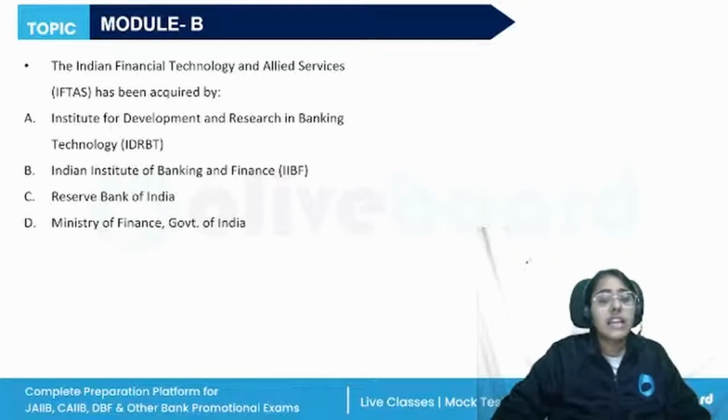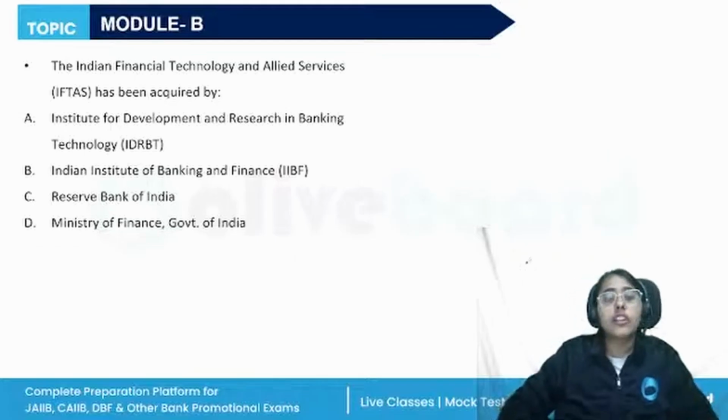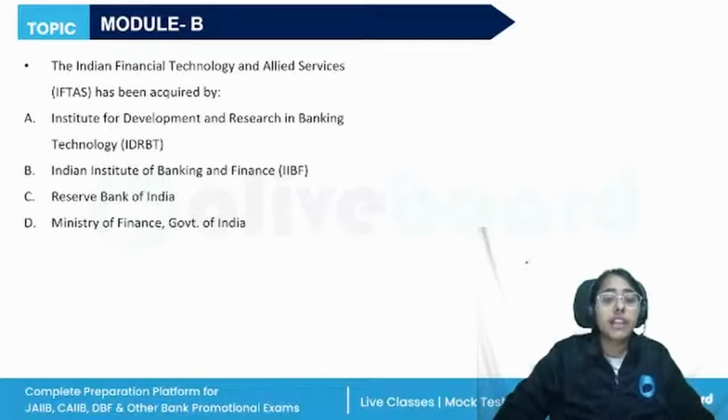Then we have the question: the Indian Financial Technology and Allied Services, IFTAS, has been acquired by. Here we need to remember all of the institutions that we have studied. The IDRBT, which is the Institute for Development and Research in Banking Technology, has developed the Infinet, SFMS, NFS, and the IBCC, right?